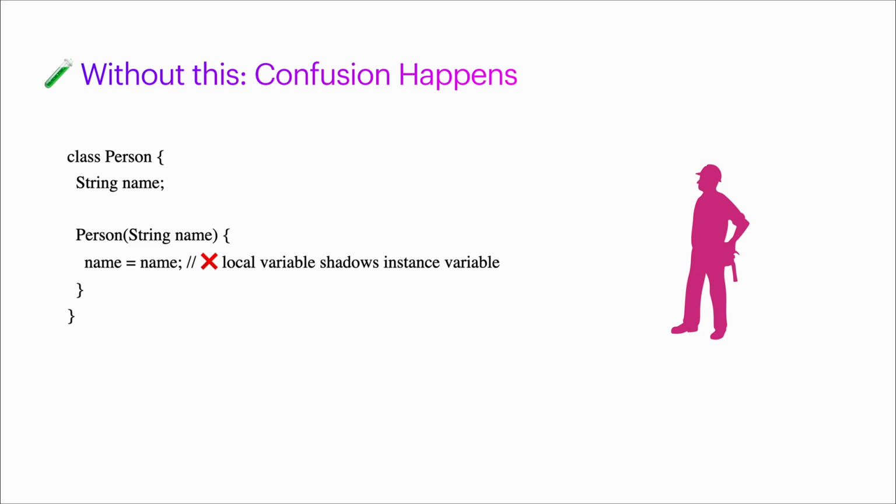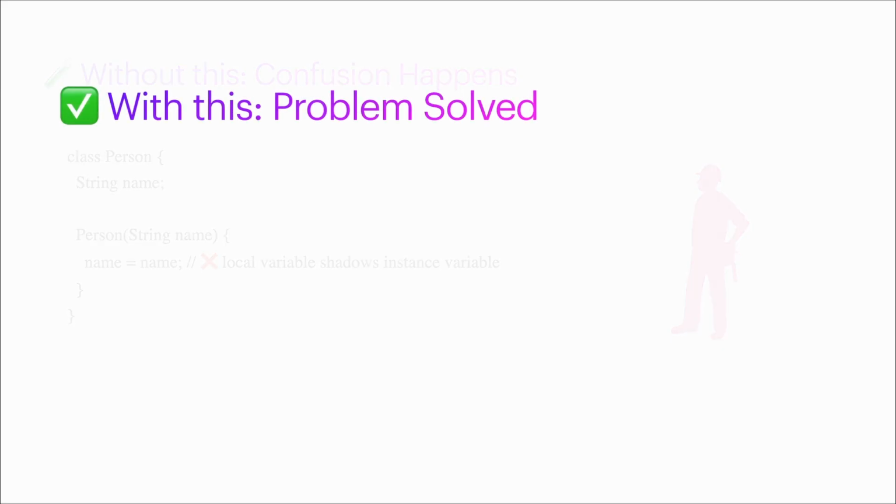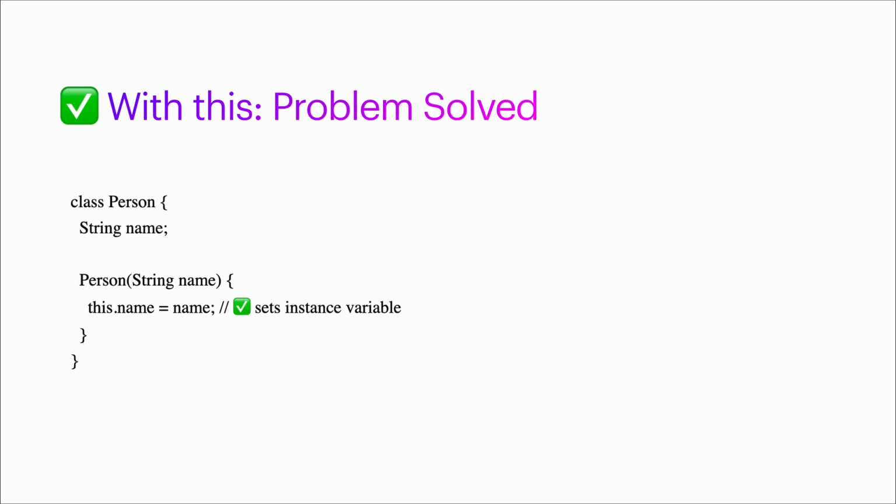So now, with this, problem solved. How? Again, creating a blueprint of Person, taking the name as a string parameter. You should be used to writing a class by now. If you're not strong in writing classes, go back to the previous video.